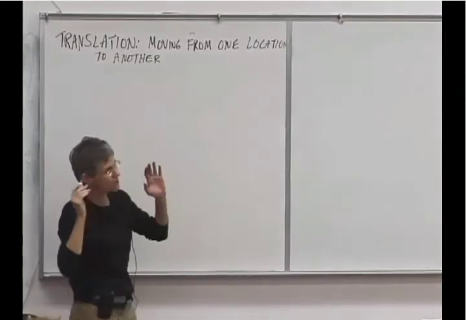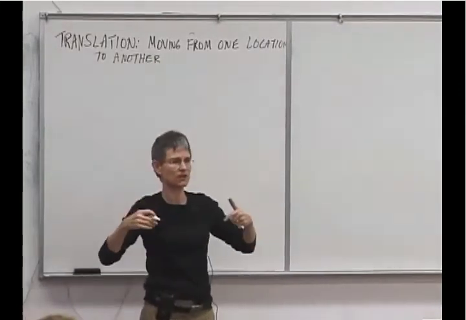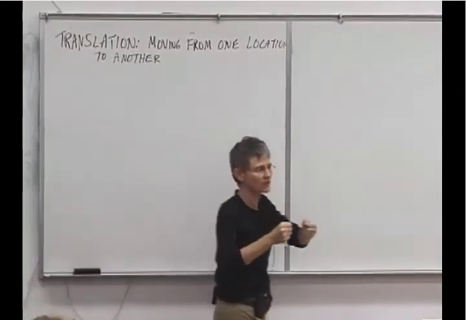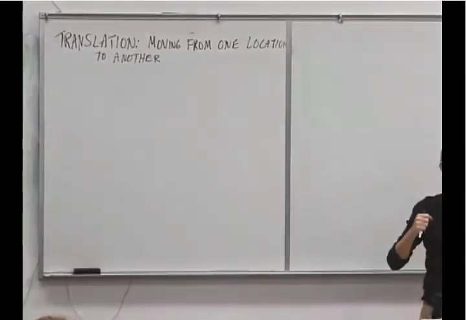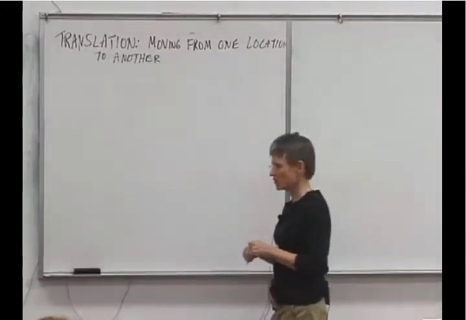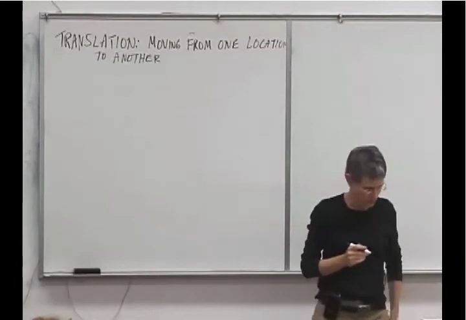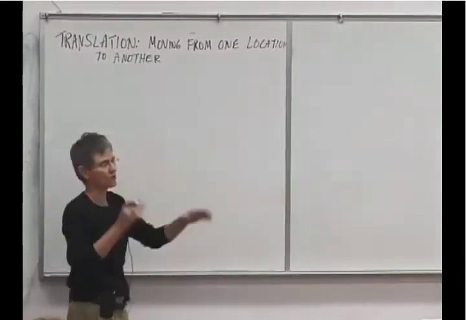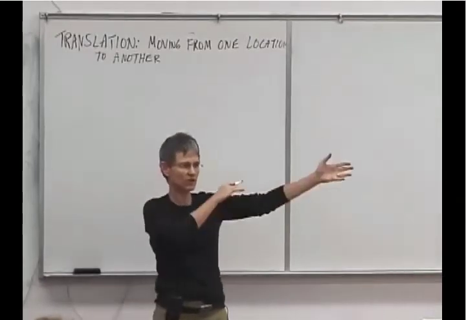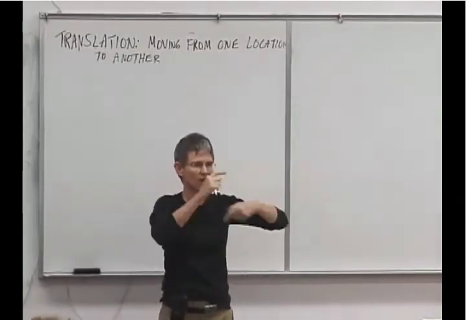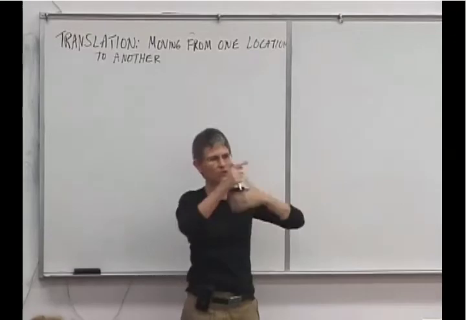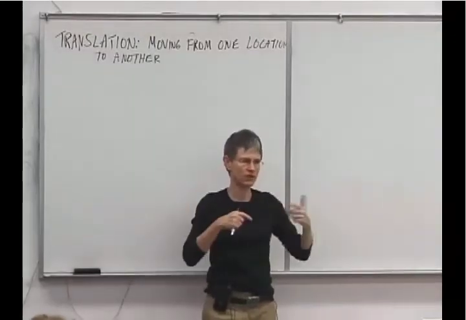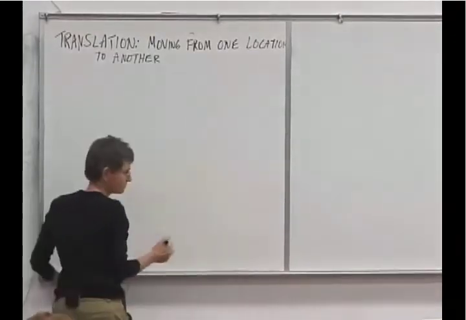So the translational kinetic energy is the kinetic energy associated with the entire object just moving from one location to another, essentially the motion of the center of mass. And remember that we've been distinguishing between the motion of the center of mass of a complicated system and the motion relative to the center of mass, which can be rotation or vibration, things like that.